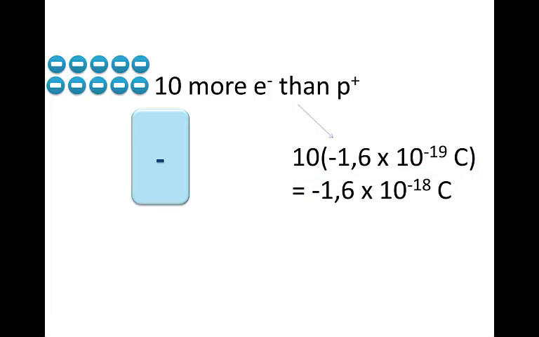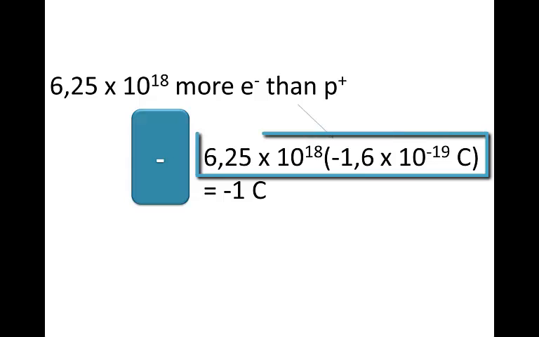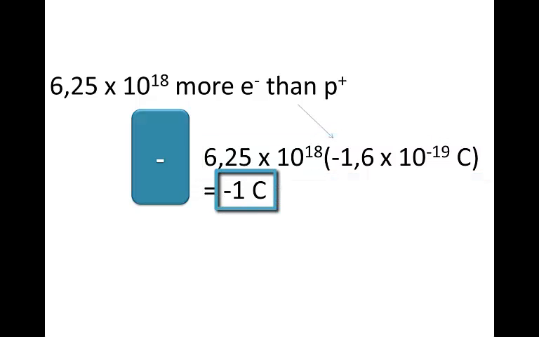Now if there are 6,25 times 10 to the power 18, now that is a huge number, if there are so many more electrons than protons in this object, then its charge will be that number multiplied by the charge of a single electron, which gives us minus 1. That minus means that it's negative. Minus 1 coulomb.